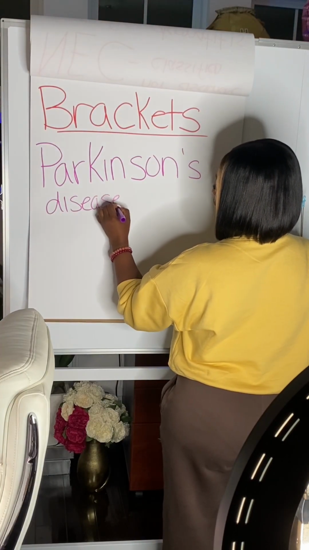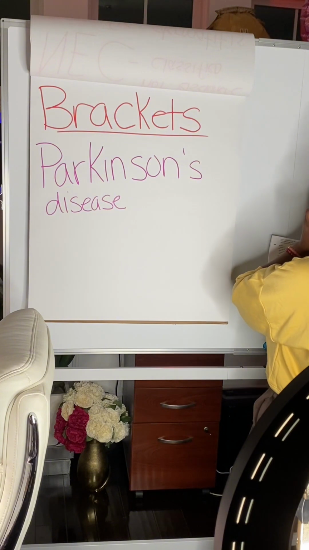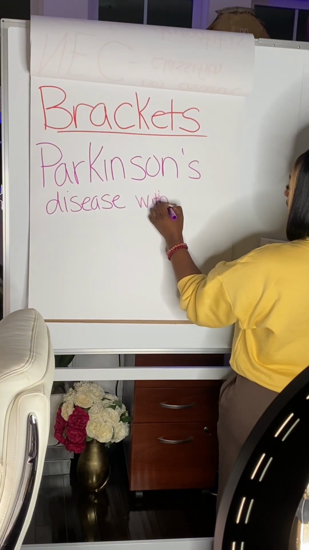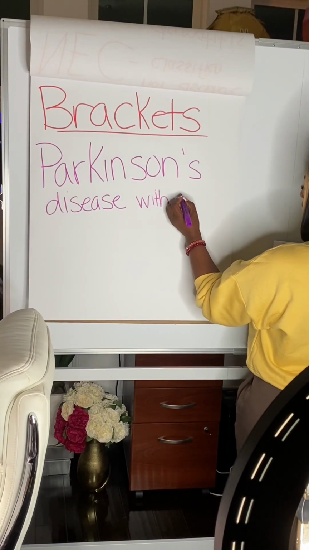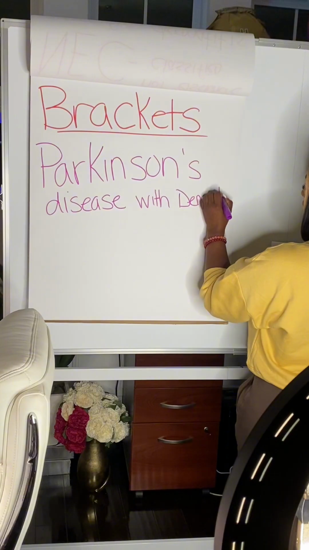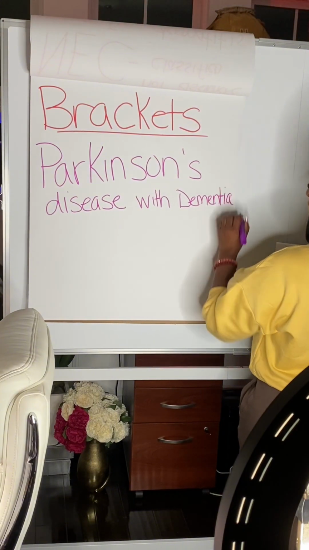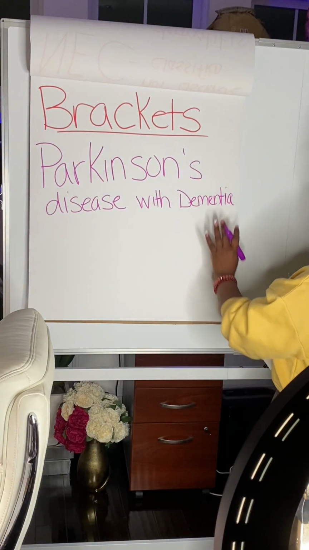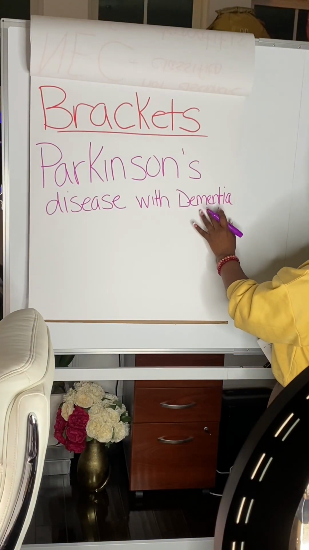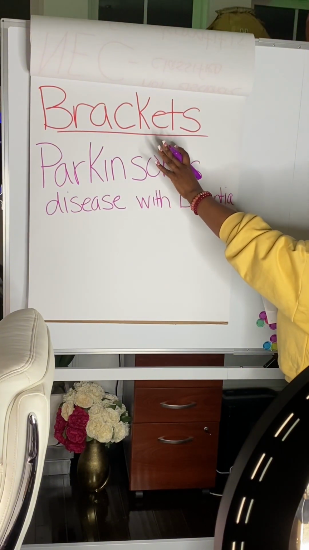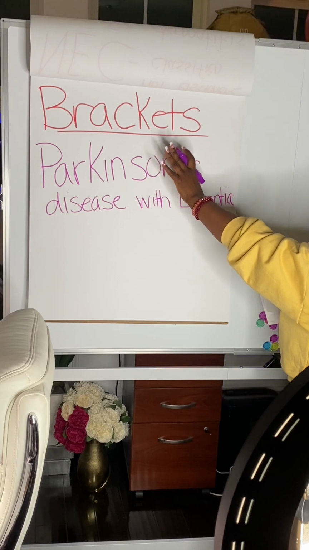And if you guys have heard about Parkinson's disease, you know it can be a very debilitating disease. Say the patient has dementia with it. Dementia is a manifestation of Parkinson's, meaning sometimes, not all the time, patients with Parkinson's will experience dementia with the disease. So I'm showing you what brackets look like and what we do with them when we see them.